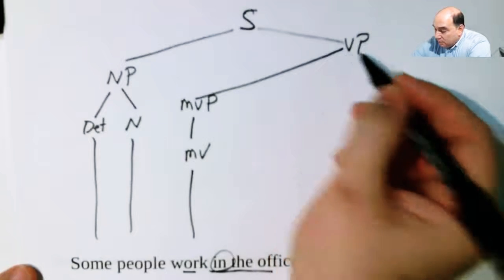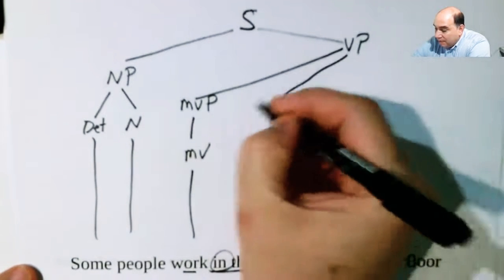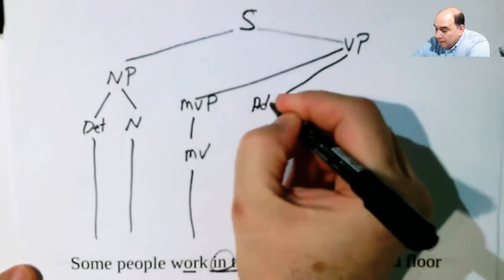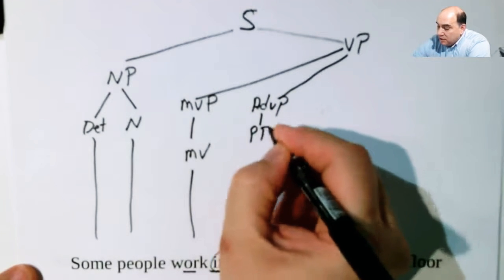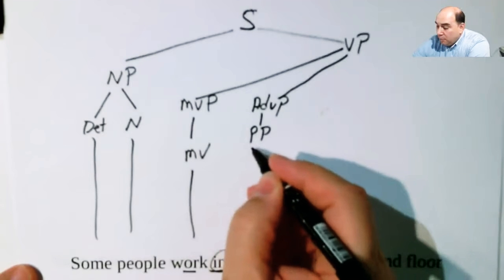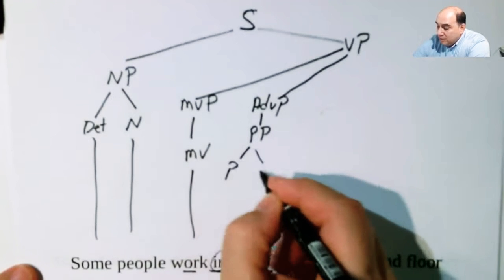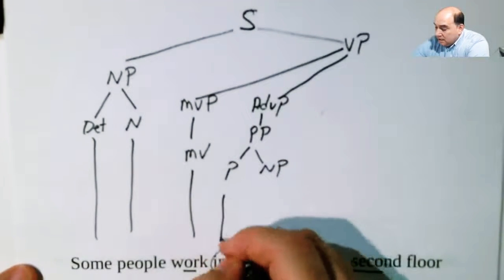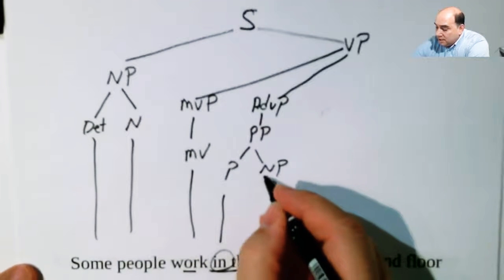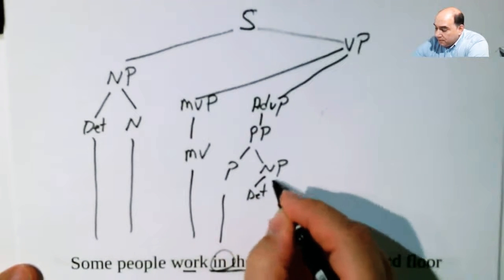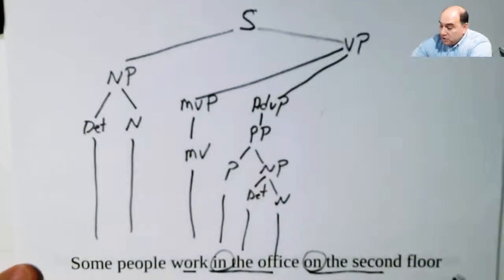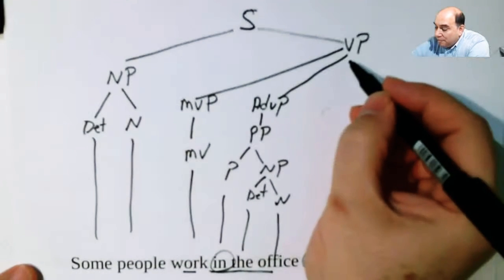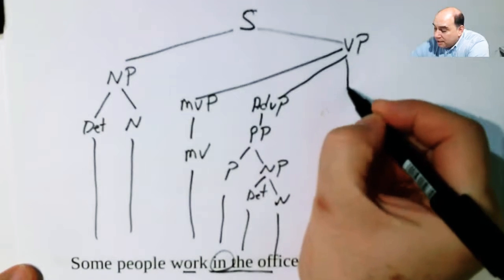All right, so let's move this one over here. We'll call this adverb phrase. And the adverb phrase is its function. Its form is a preposition. All prepositions have a preposition and a noun phrase. This preposition is in. The noun phrase here has a determiner and a noun, okay, in the office. Here's another prepositional phrase, adverbial phrase. So let's pull another adverb phrase out here.